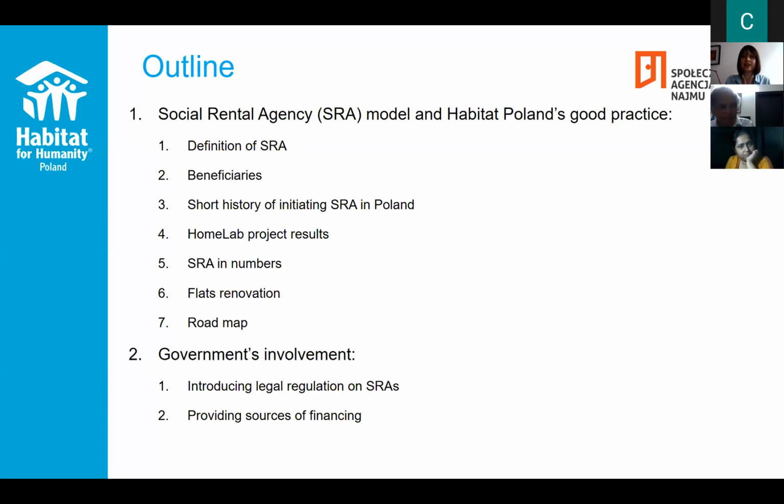I'm going to cover the basics of how we run the social rental agency, and Katarzyna will be speaking about the government involvement, because I need to start by saying that our agency is not led by government yet, but we are on a good way for the government to get involved, as the new legal framework is being prepared this year.